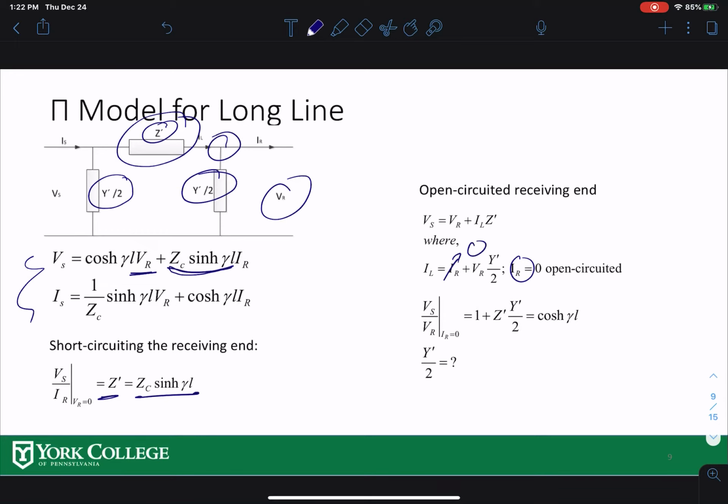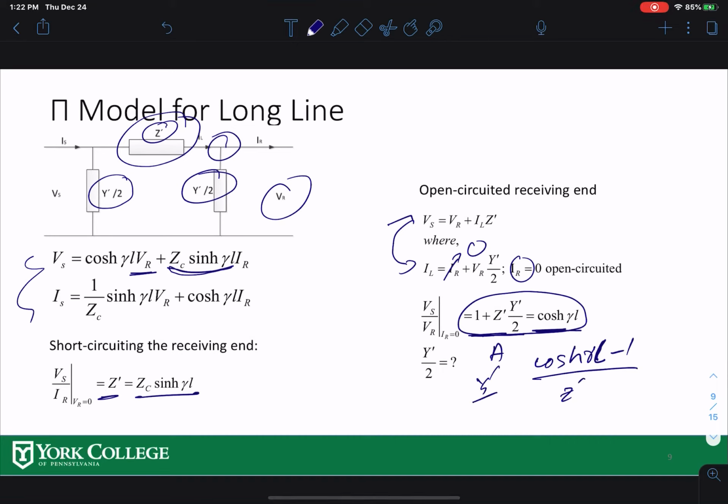If you combine these two equations here, you can find VS over VR, and that is also equal to this one here. This is basically your A in the pi model, right? So what would be your Y prime over 2? You can find it from this equation: Y prime over 2 would be cosine hyperbolic gamma L minus 1 over Z prime. That's your Y prime over 2.